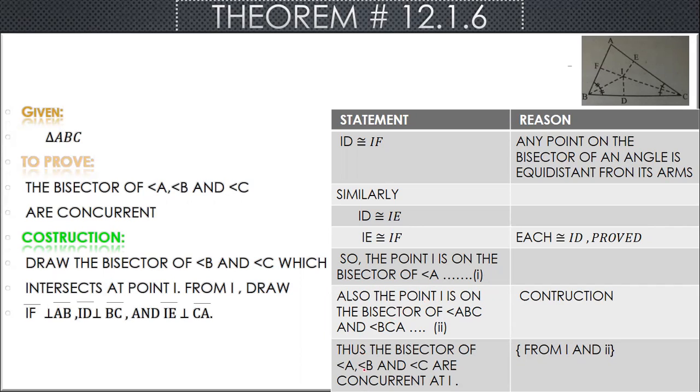Thus, the bisectors of angles A, B and C are concurrent at I. It means that I is the incenter of the given triangle ABC.